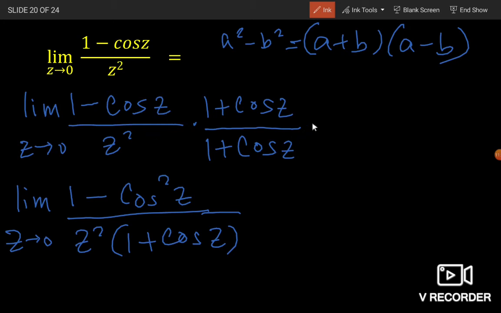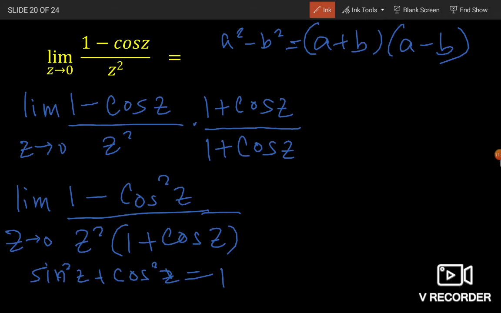Now recall that sine squared z plus cosine squared z is equal to 1. This is from the trigonometric identity, from our basic trigonometry. Sine squared z plus cosine squared z is equal to 1. Therefore, 1 minus cosine squared z is equal to sine squared z.